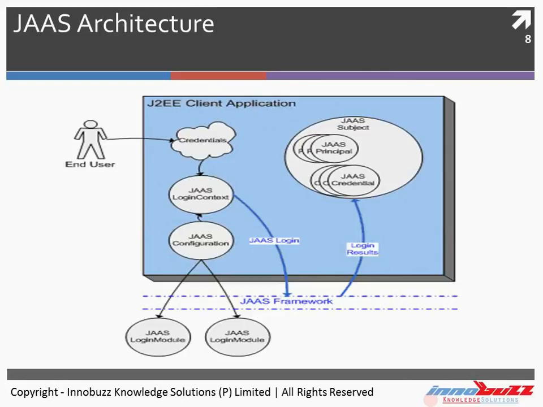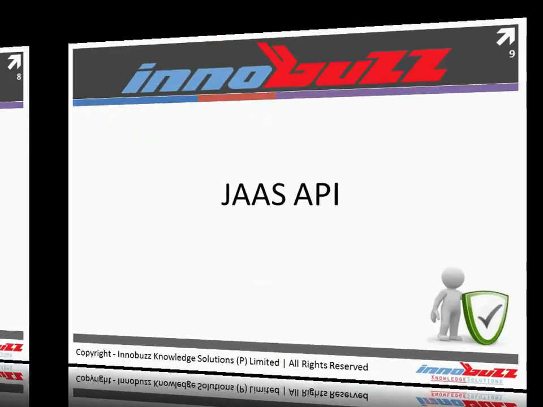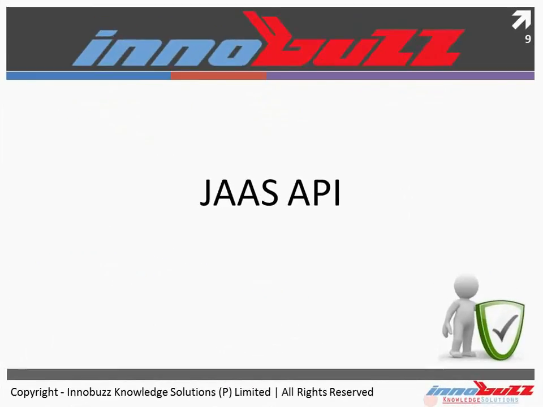And finally, for login results, you have the JAS subject, principal, and credentials. All these are the classes and interfaces used in JAS. We will be seeing the JAS API to see these components in more detail. If you see the diagram, you can see the JAS framework having all these components involved in it. So let's see the JAS API.